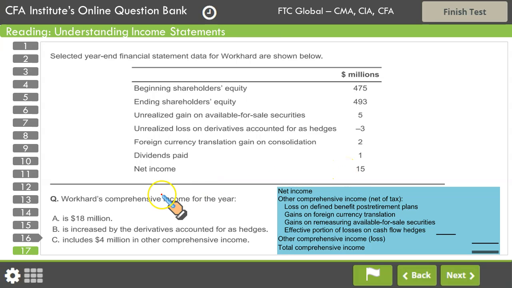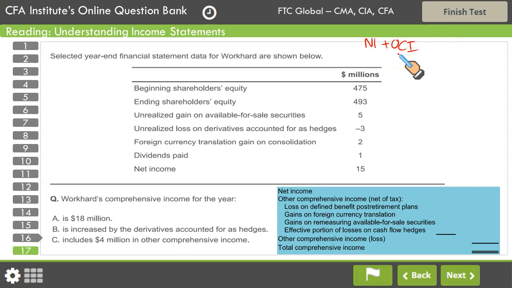What are we required to calculate? Work Hard's comprehensive income for the year. Remember, comprehensive income is the sum of your net income plus other comprehensive income.